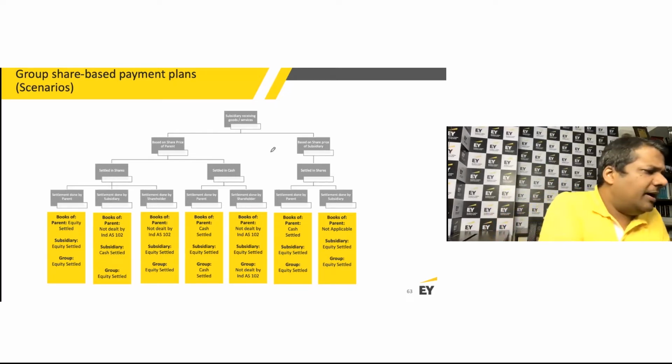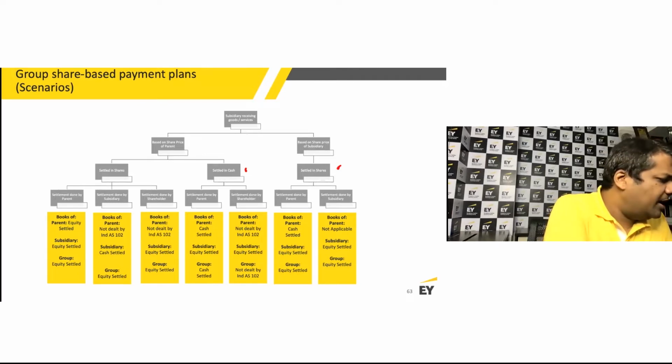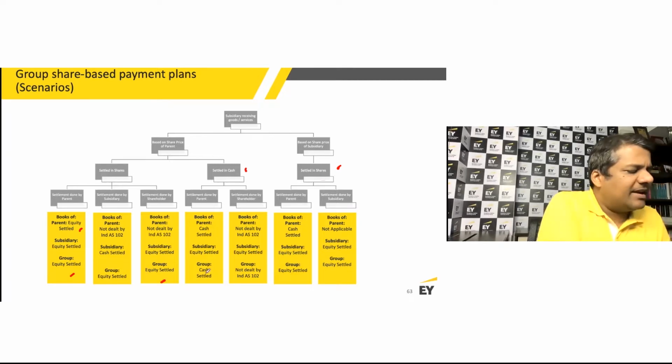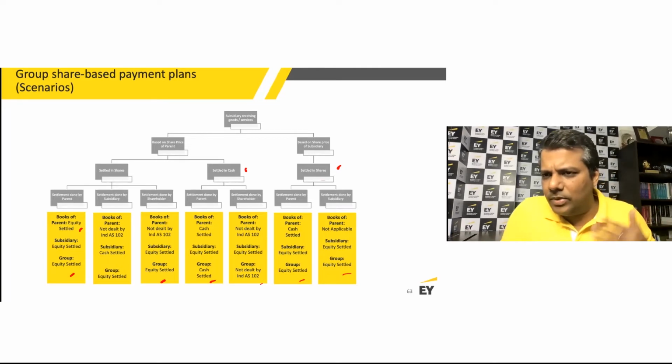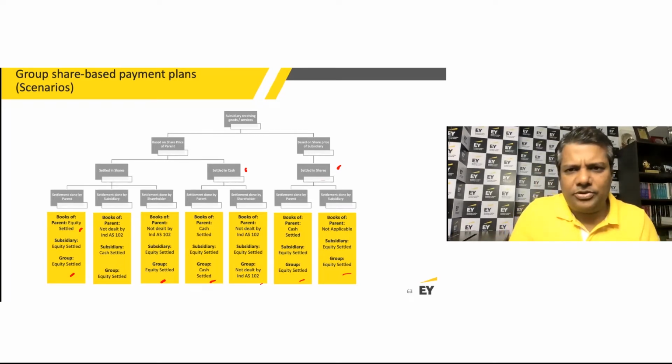If a subsidiary receives goods or services based on the share price of the parent or of the subsidiary, settled in stock or cash, and the settlement is done by the parent, then it is equity settled in the books of the parent, or it's group settled. So whether it's cash settled or equity settled is what you need to determine, and that will help you determine the accounting. Let's take an example.